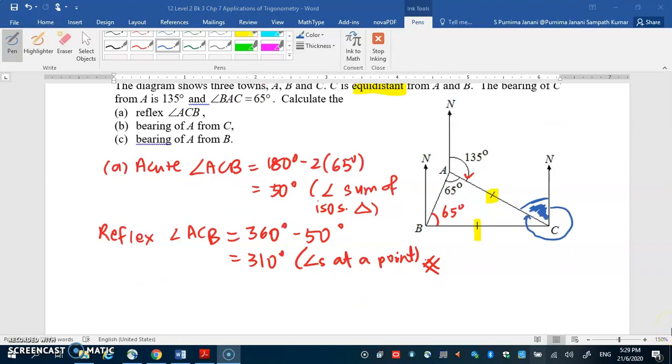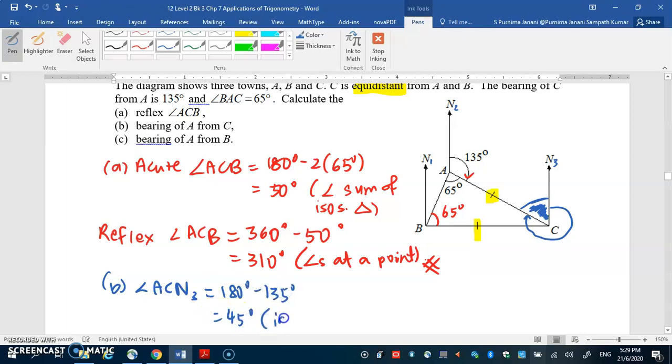So in order for me to call this angle in an easy way, I will just label this as N1, N2, and N3, North 1, North 2, and North 3, and then I can easily call this angle AC N3. So I'm going to find angle AC N3 first by taking 180 minus 135 to get 45 degrees. And the reason is because of the interior angles.